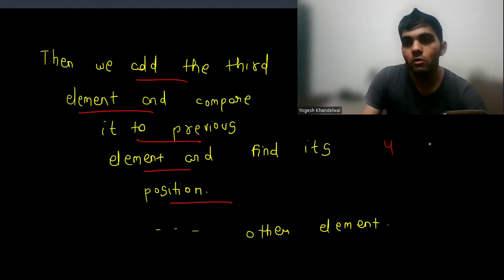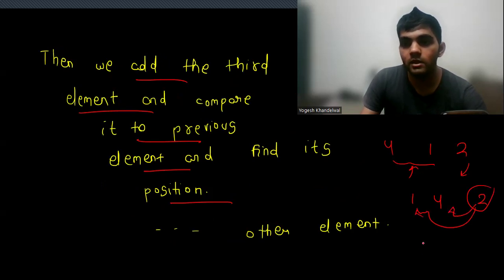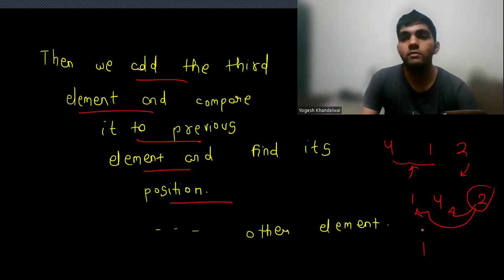Like if we have 4, 1, 2, initially we take these first two elements, so it will become 1 and 4, and then we add 2 and compare it with this and also with this and then find its relative position with respect to these two. So after finding its position, it will become 1, 2, 4.